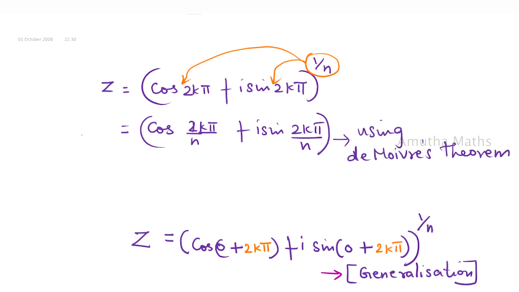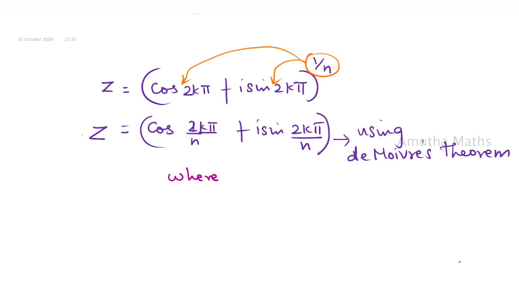So z is equal to cos 2k pi by n plus i sin 2k pi by n, where k takes the values 0, 1, 2, up to n minus 1. So totally I have n roots.